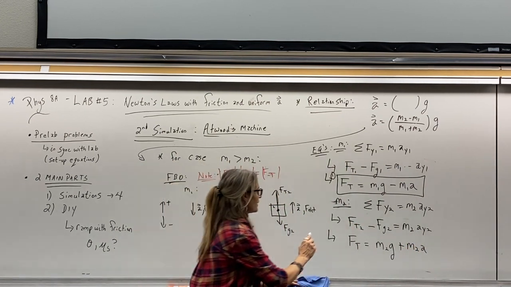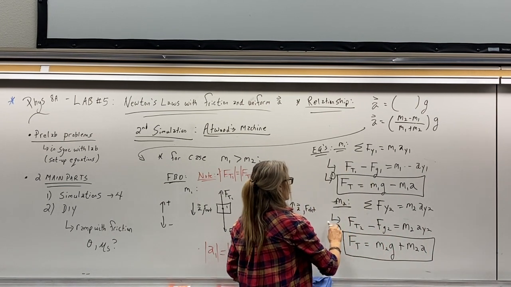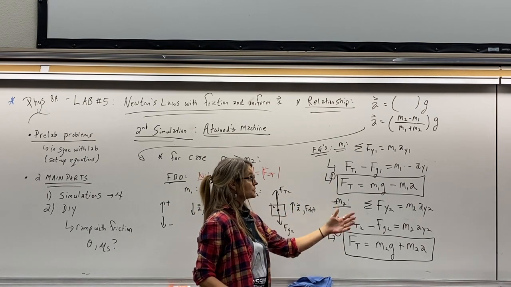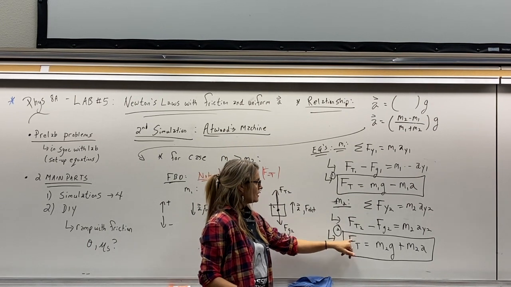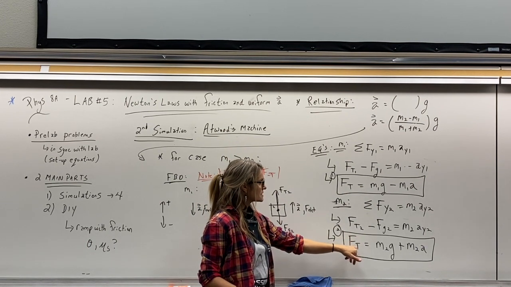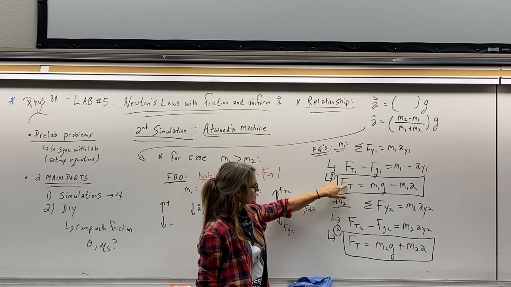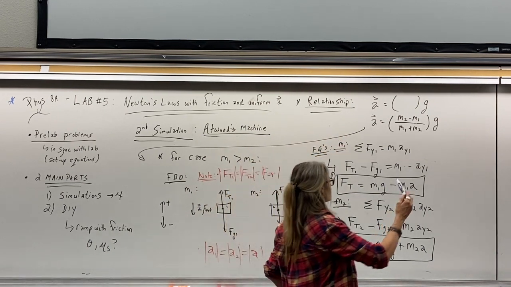Okay, so I have the second equation. So I have 2 equations, and if you knew the tension, you could solve for acceleration. If you knew the acceleration, you could solve for tension. But what you have is a system of equations. So what you could do in this case is set these two equal to each other and solve for A, and you get this equation right up here.